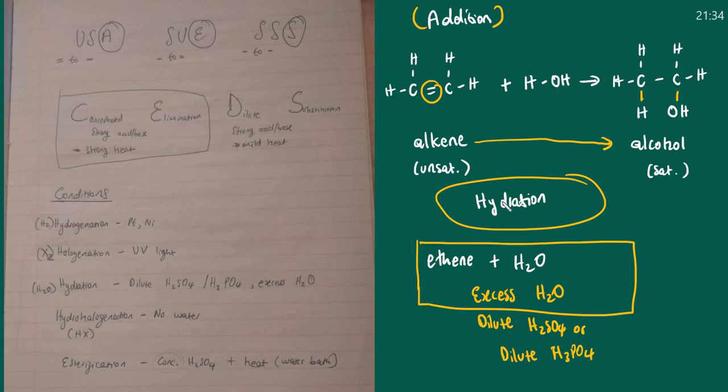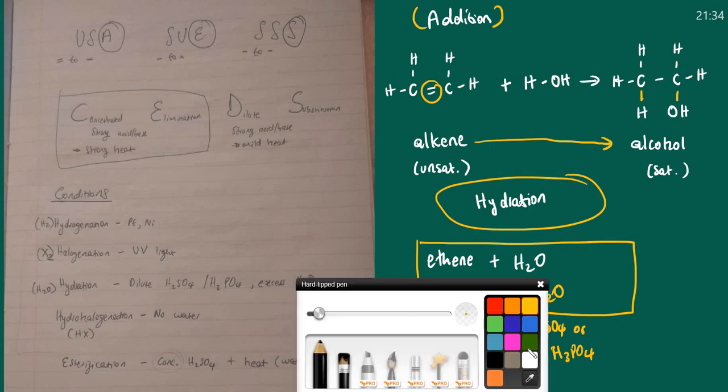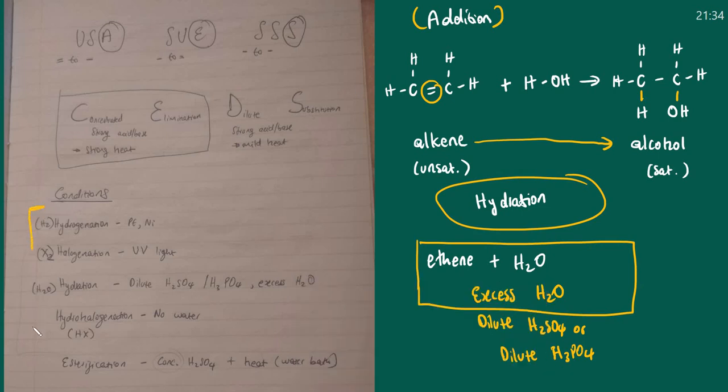So you must always remember that if I have an alkene and then I add water into it, I'm going to form an alcohol. And that alcohol there, for me to form it, I must have excess water or dilute sulfuric acid or a dilute phosphoric acid. Those are one of the conditions. Okay, so the summary for that would be given here. I'm so hoping that you are able to see.